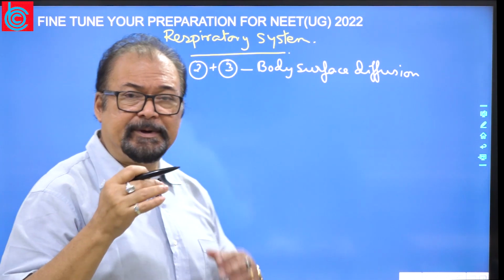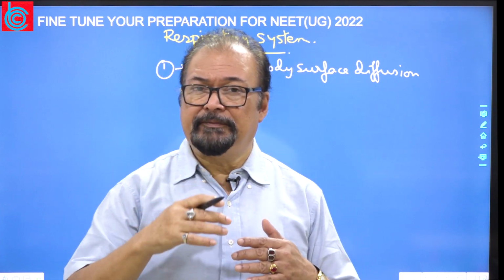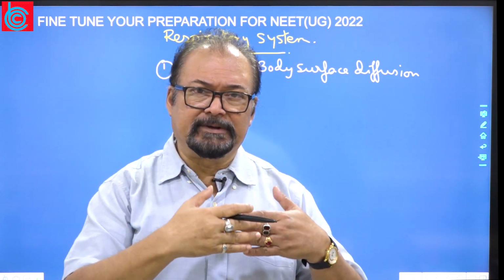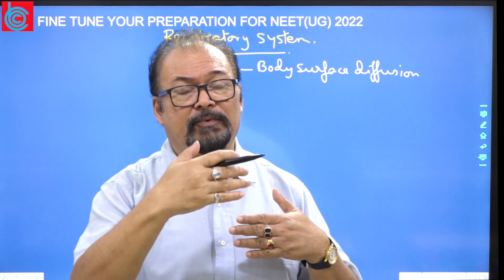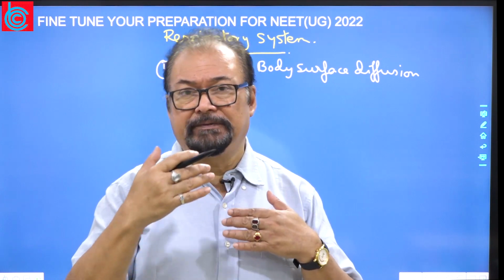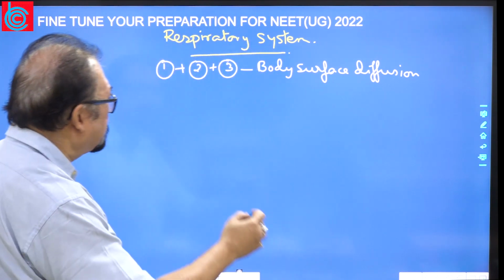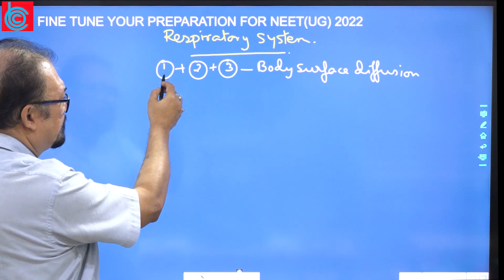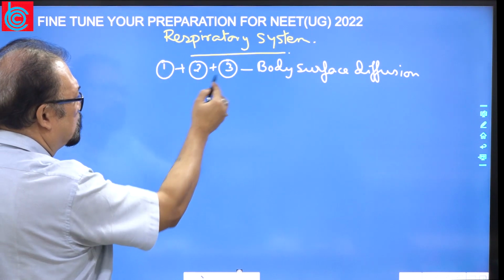They don't have any respiratory organ. They are the most primitive, and through the body surface, diffusion of oxygen and CO2 takes place between water and the cell. So, body surface diffusion of gases. Which phyla? Porifera, Cnidaria, Ctenophora.